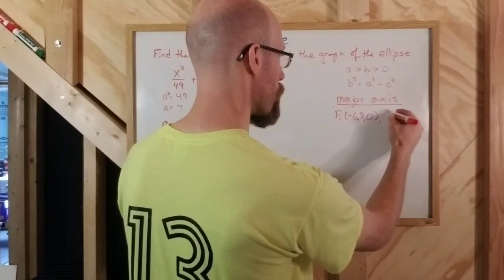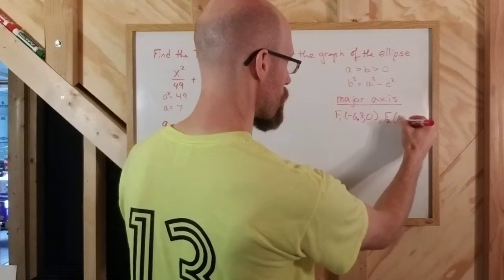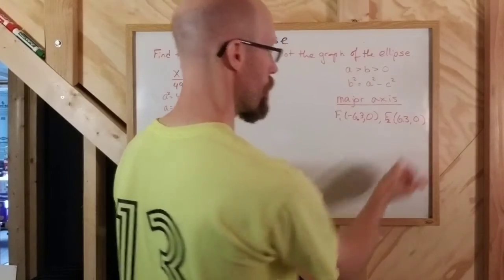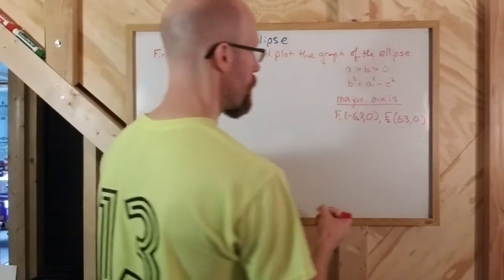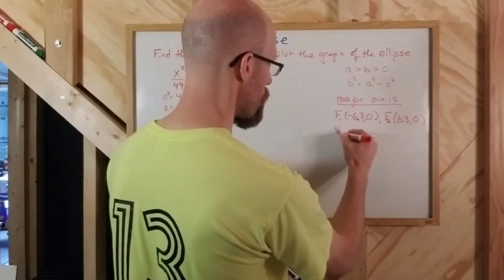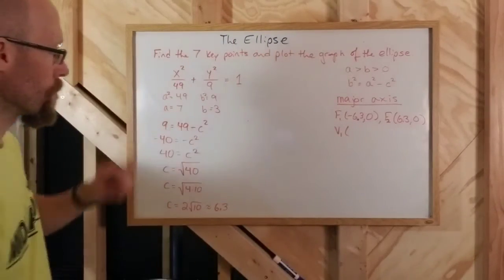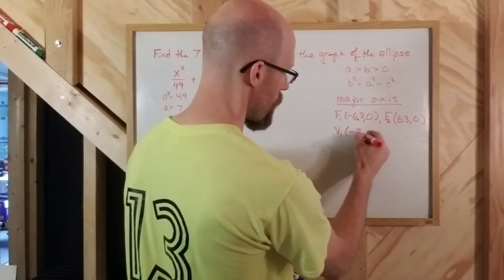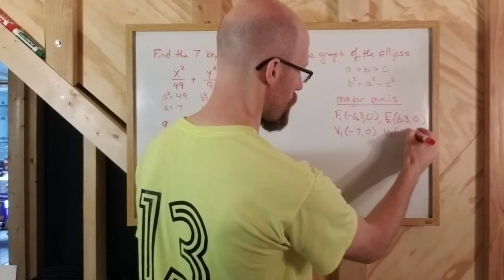And focus 2 is going to be roughly positive 6.3 comma 0. So either side of the origin. I also know that vertex 1 is at the a value, which is 7. So it'd be negative 7 comma 0, and vertex 2 would be at positive 7 comma 0.